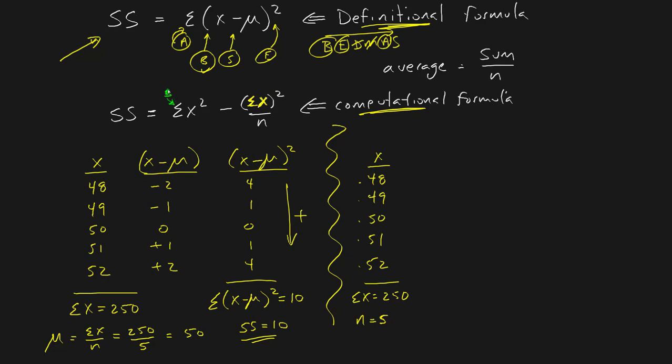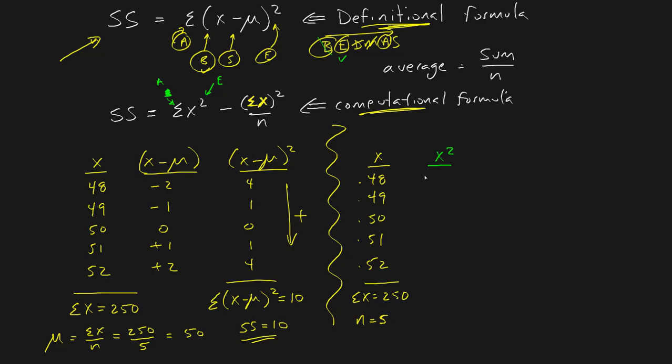I'll call that A for addition, so as not to confuse it with subtraction. And then I've got an exponent going on there. If I'm looking at order of operations, there's no brackets, but there is an exponent, so that's going to come first. So I have to square each x.